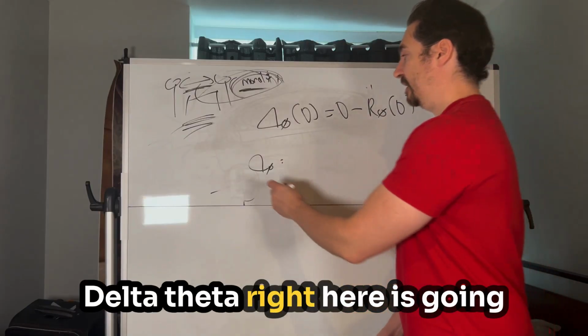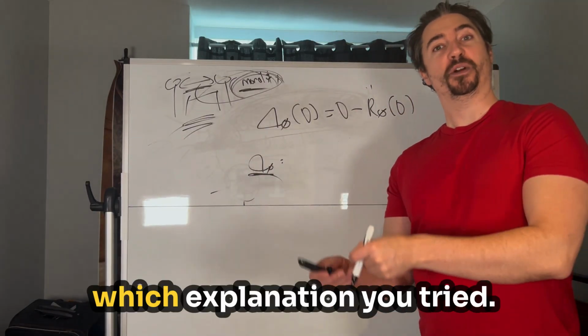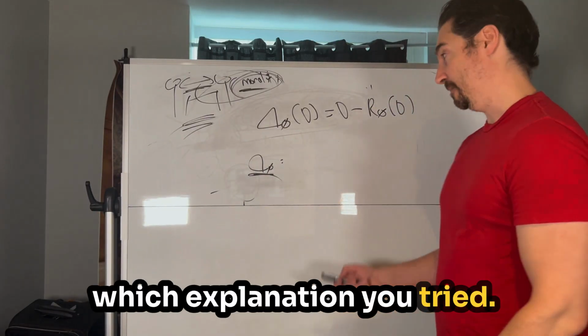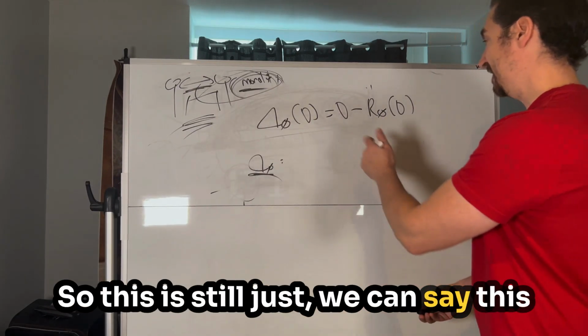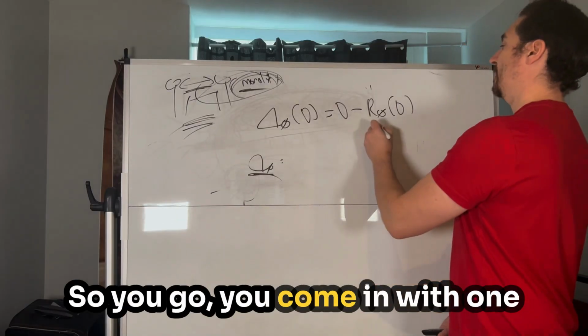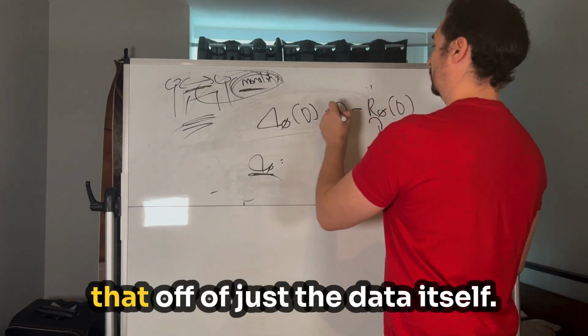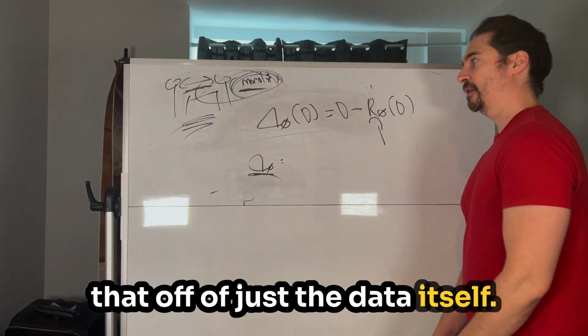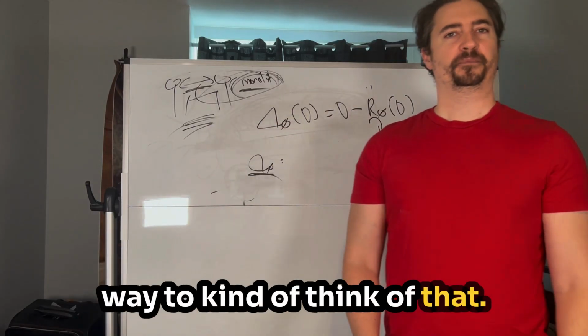Delta theta right here is going to be indexed by theta because the residual depends on which explanation you tried, okay? So this applies for many theta, but we're still looking at one theta at a time. So you come in with one explanation, you apply it to the observed data, and if you take that off of just the data itself, you end up getting a residual. That's one way to think of that.